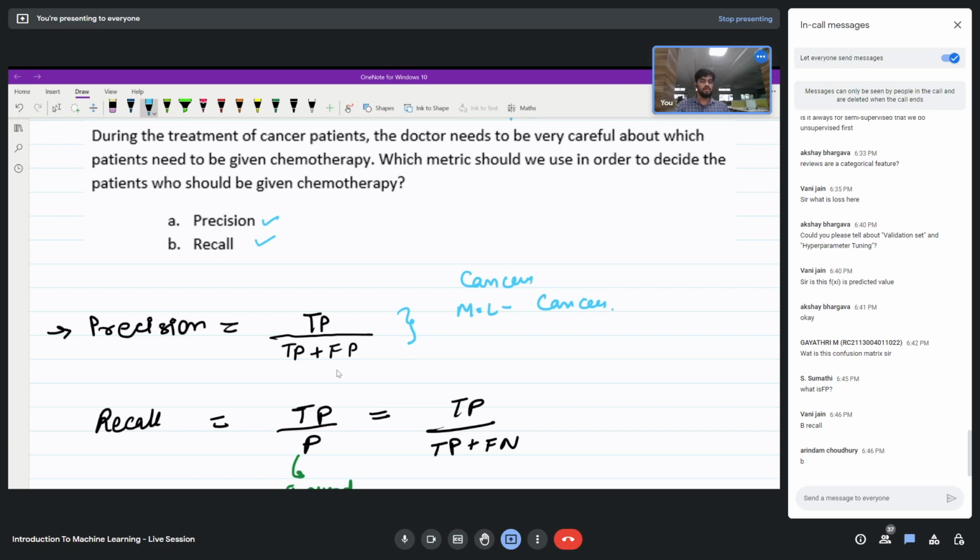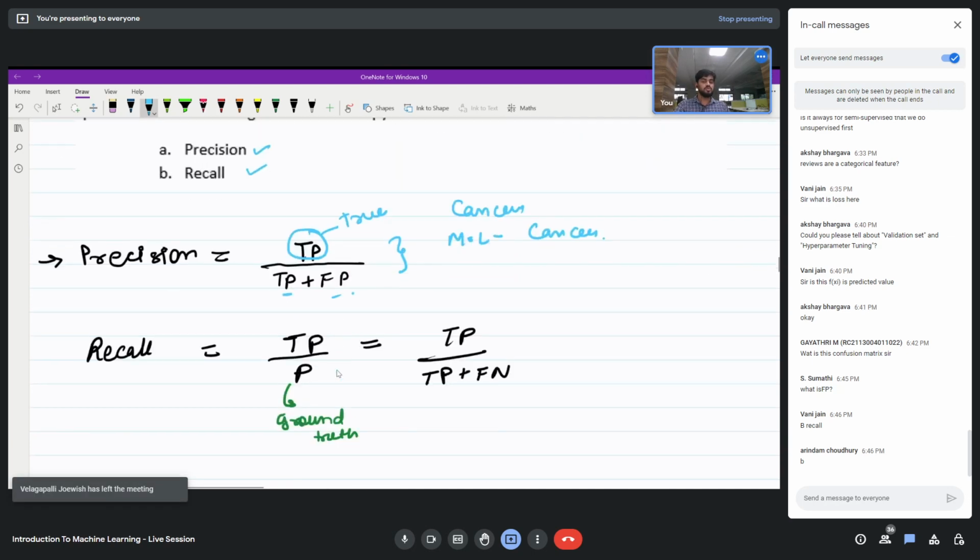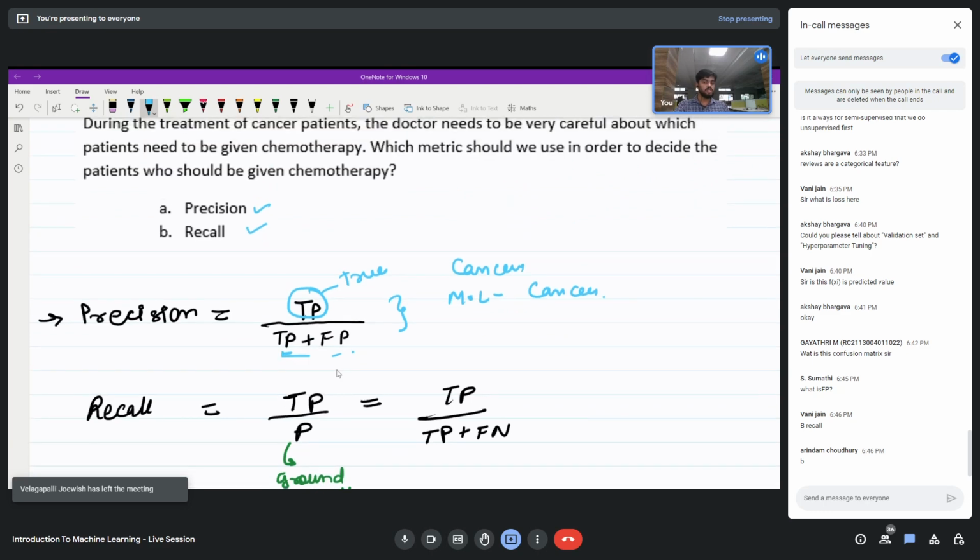That is somewhat vague, so I'll make it more formal: it is the fraction of data points that machine learning predicted true and were actually true. In this matrix, the algorithm predicted both the true positives as well as the false positives as true. So what portion of the data points predicted true are actually true? This is called precision. It is true positive divided by whatever is predicted as true.